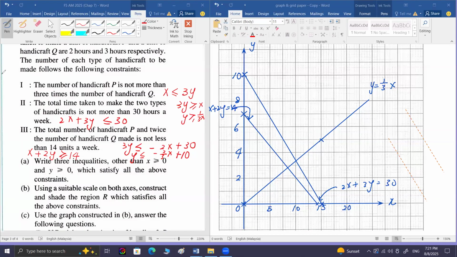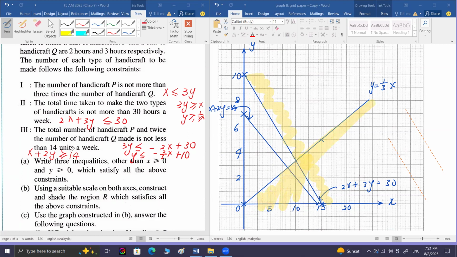And so class, now we see which to shade the region again. Okay, this one. This is the first one, down, yeah? Smaller means down. This one greater. Greater means the top. So here is out.